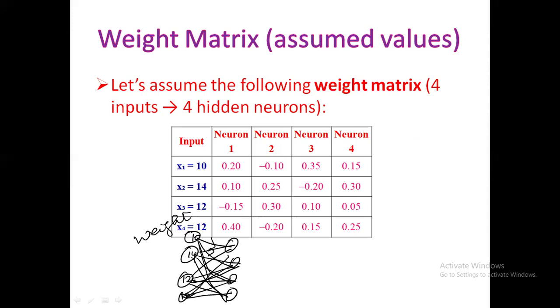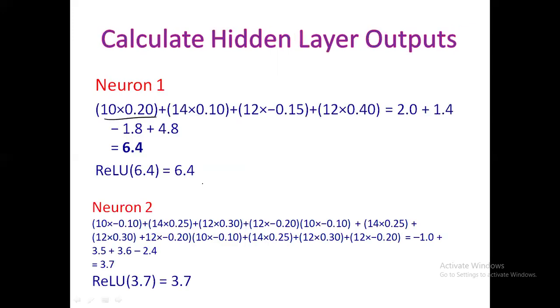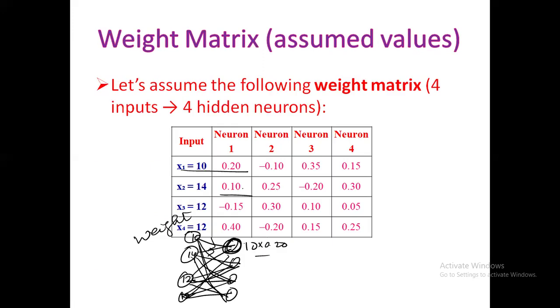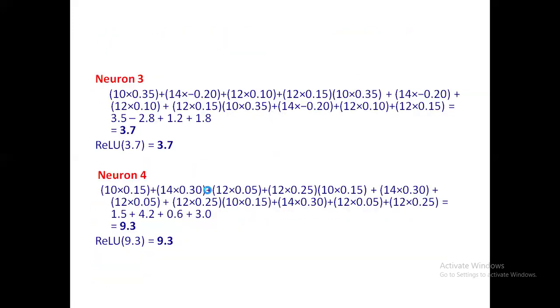So if I am finding the value for the first neuron, this is neuron 1 in the hidden layer. We have to calculate 10 into 2.0. See, 10 into 2.0 is the first step.